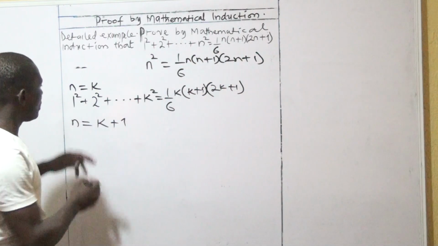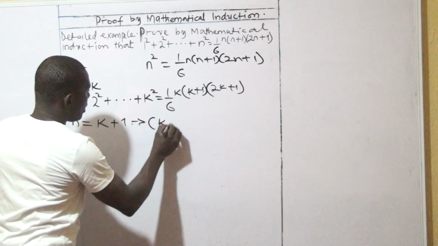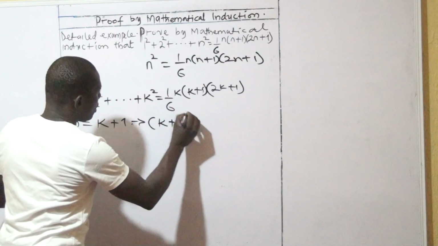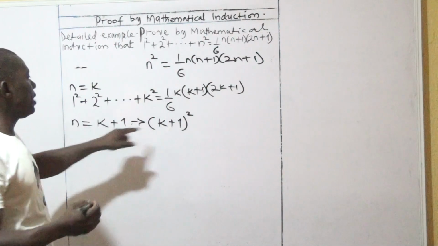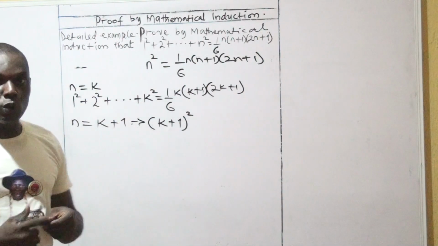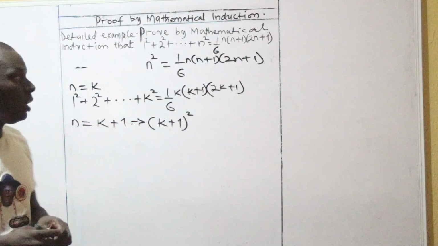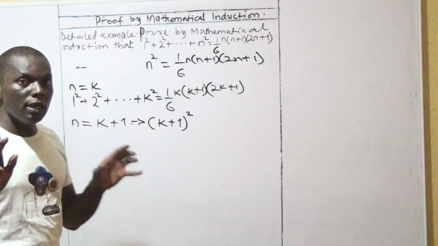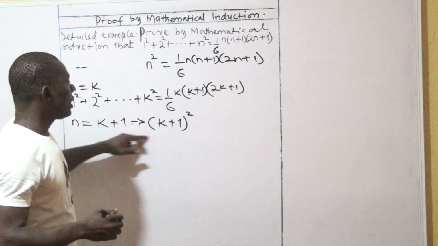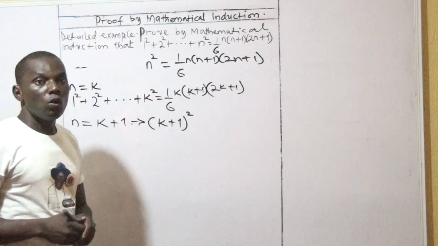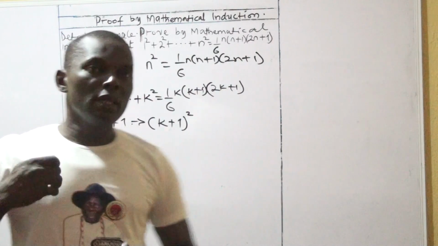It's n square, so I will replace n with k plus 1, so it becomes k plus 1 all square. To make our work easier, this term, k plus 1 all square, we will add to both sides of the equation.